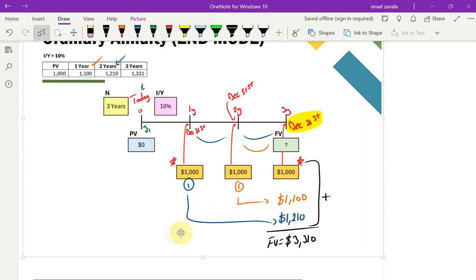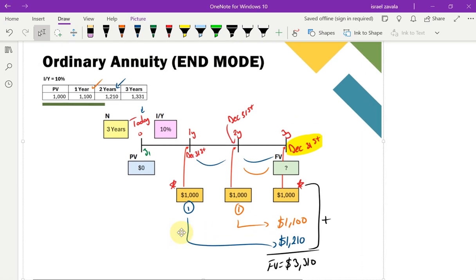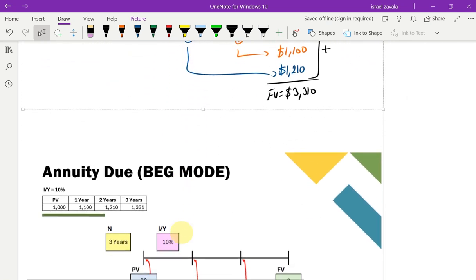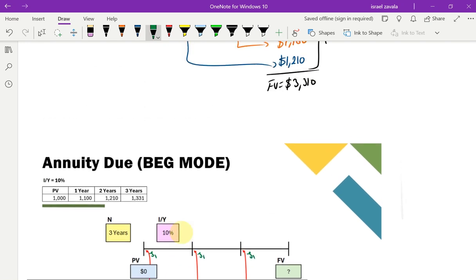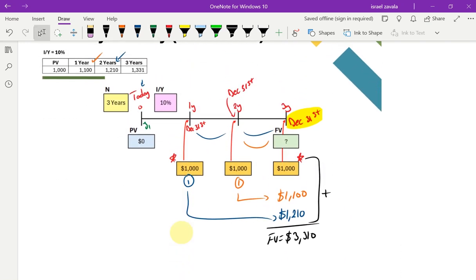Okay? All right, so I hope the ordinary annuity made sense. Now that you feel comfortable with this, let me explain the annuity due. So the biggest difference here is notice where the arrows are pointing. They are all pointing to January 1st of each year, whereas up here they were all pointing to December 31st.